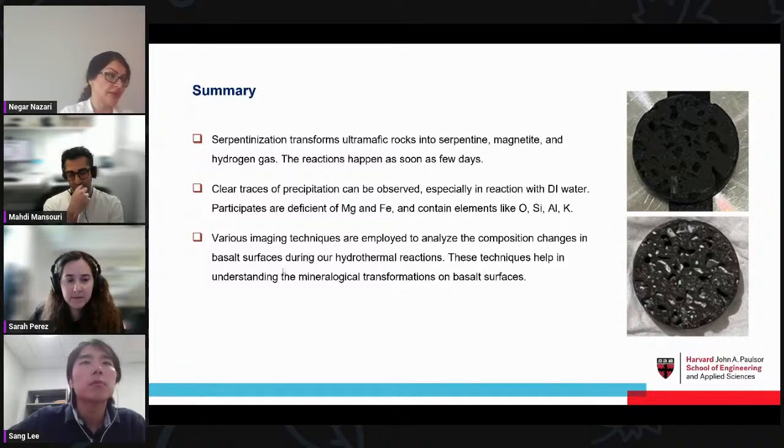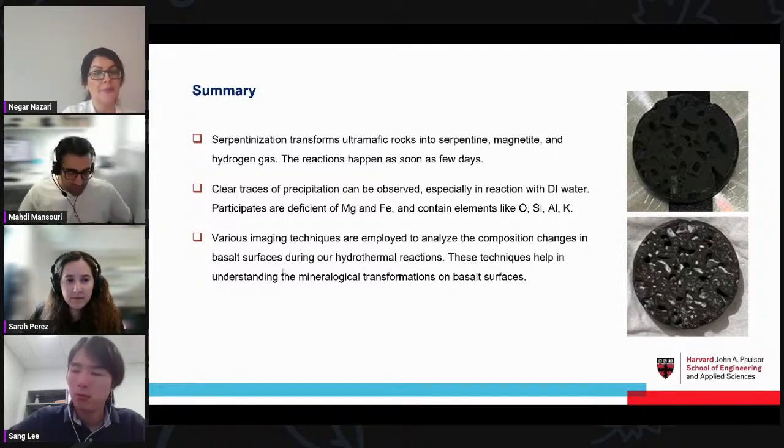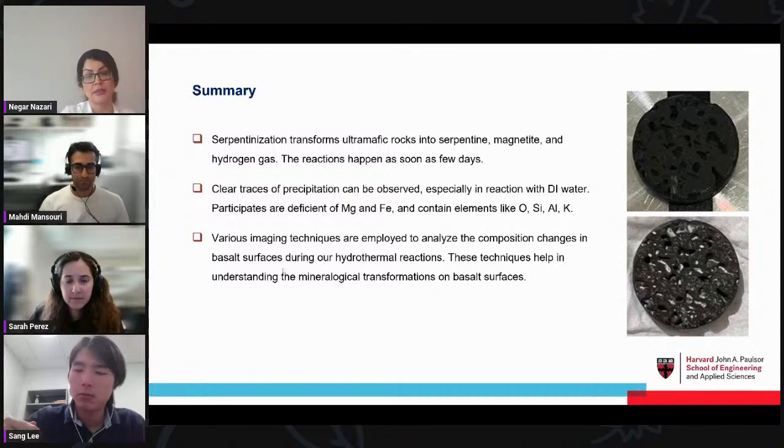The carbonate will react faster with the DI water, and also clay will react more. So the precipitant, we looked at the composition of the precipitates on the pores. They contain oxygen, silica, aluminum, and potassium, and also they are deficient of magnesium and iron.